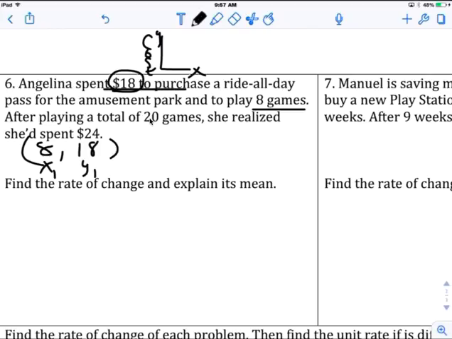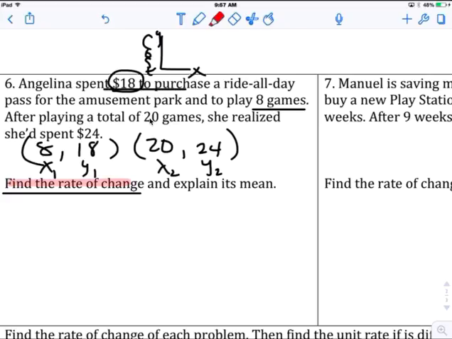After playing a total of 20 games, x2, she realized she spent $24. That's y2. Find the rate of change. So this is dollar. And your y, remember it's y over x.